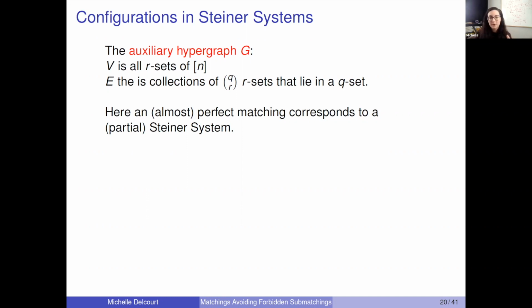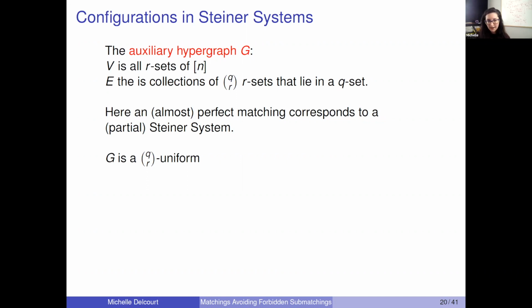And so finding a large matching in this hypergraph corresponds to finding a large partial Steiner system. So we take this hypergraph and we want to, well, maybe I should just prove a few things to you to maybe convince you that you actually can apply the results that we want. We are uniform.